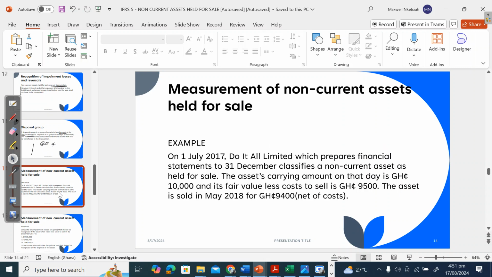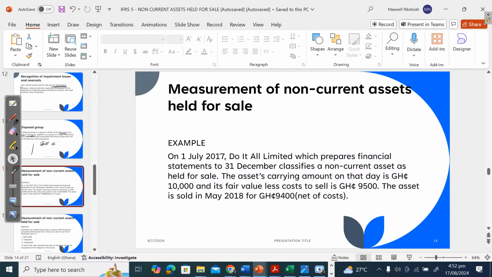Okay, now let's look at an example. On 1st July 2017, Do It All Limited, which prepares financial statements to 31st December, classifies a non-current asset as held for sale.